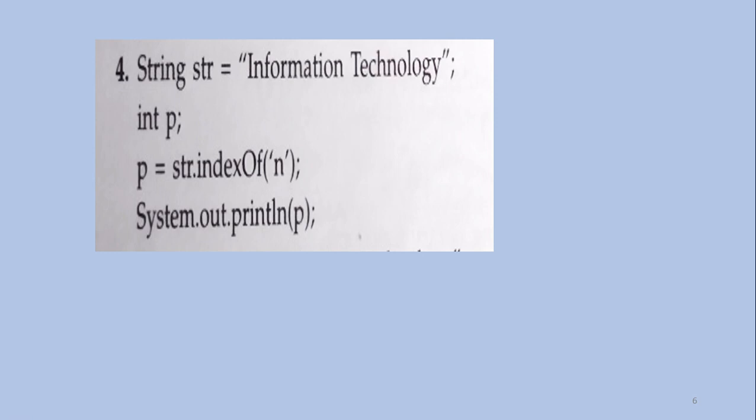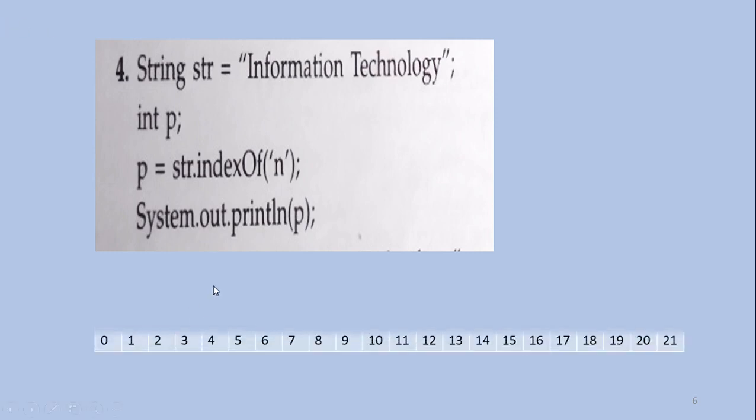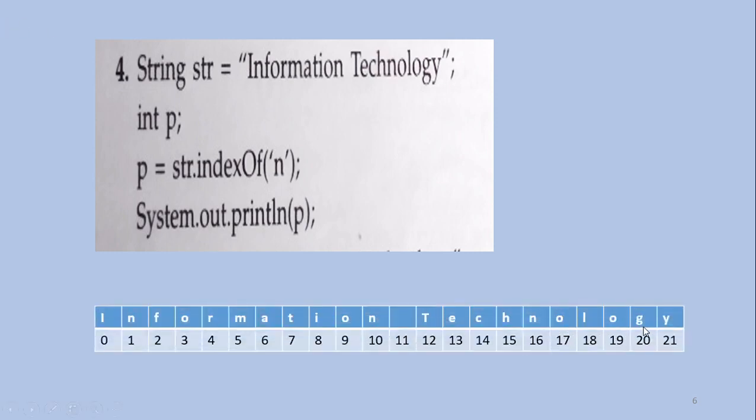So if you look into this particular string, information technology, this is how your string is stored, and the index number begins with 0, right? And where is this n stored? N is stored here. And what is the index number? Index number is 1. So what will be stored in P? You will have it as 1.